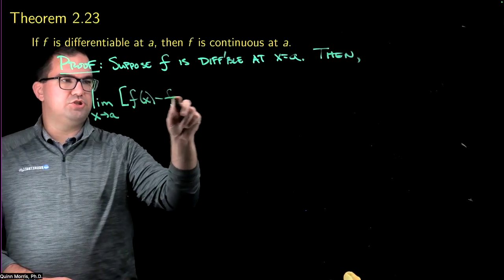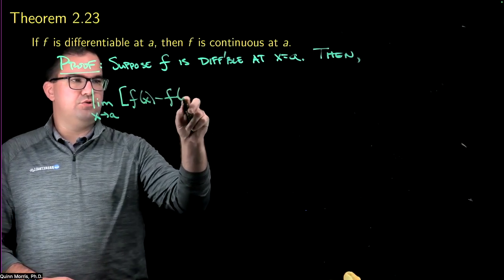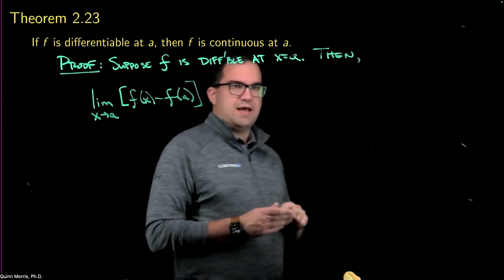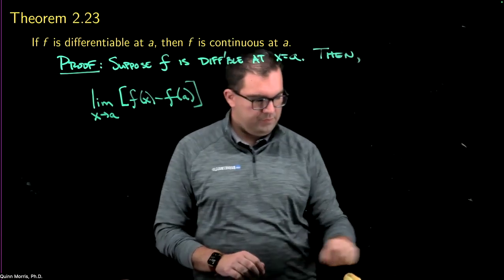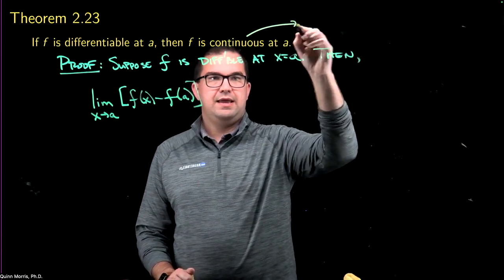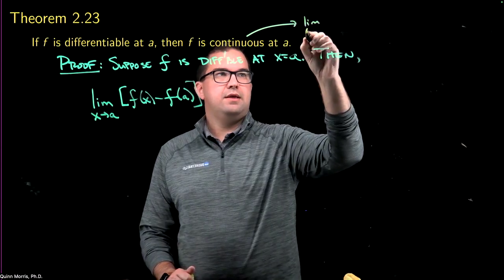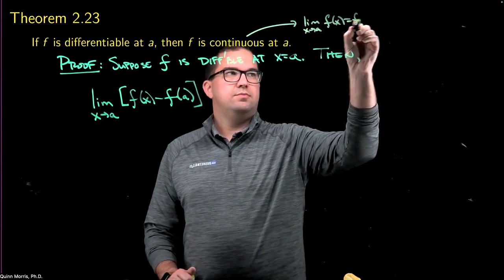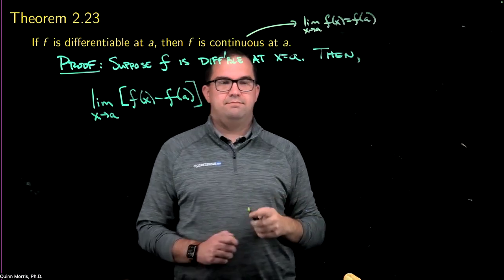My goal is to show that f is continuous at a. So if you think about what we mean by that, typically, if I want f to be continuous at a, then what I want is the limit as x approaches a of f of x to be equal to f of a.